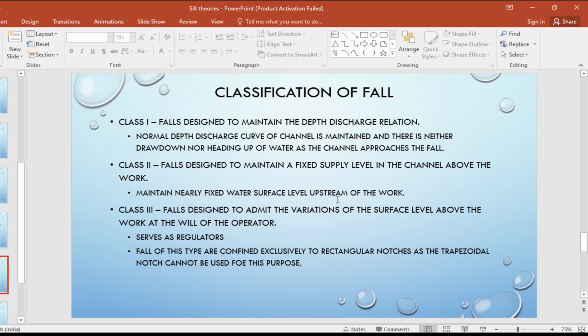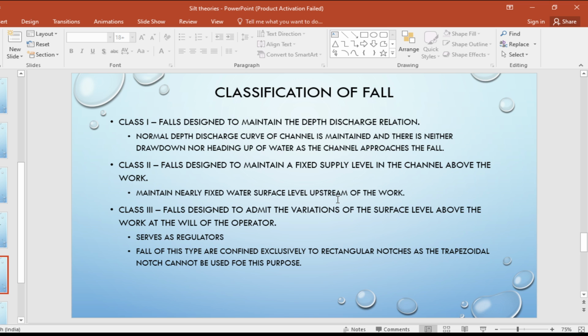The third class is class 3, which is falls designed to admit the variations of the surface level above the work at the will of the operator.